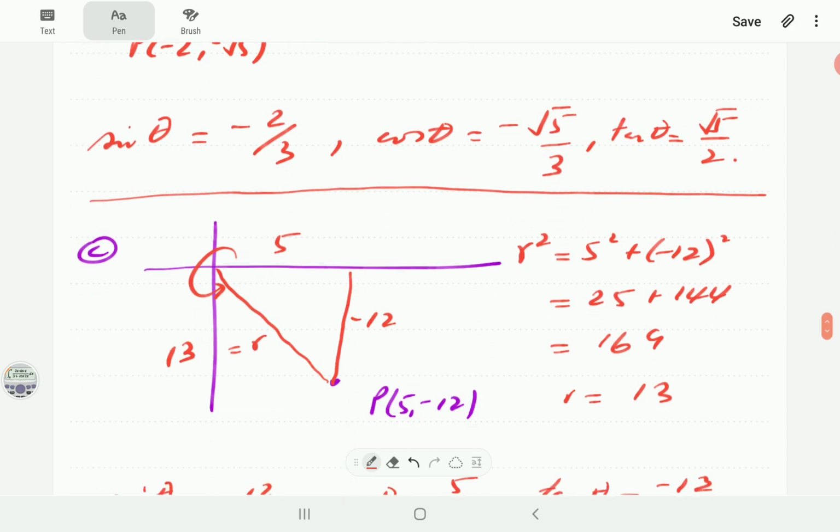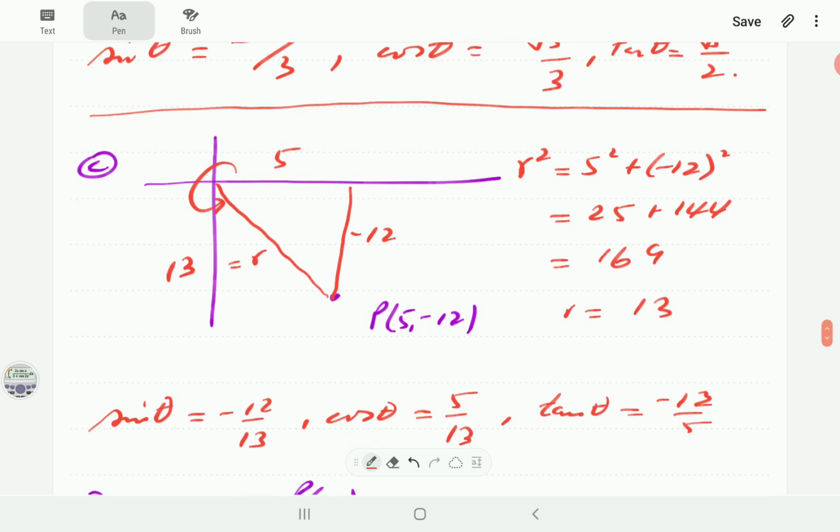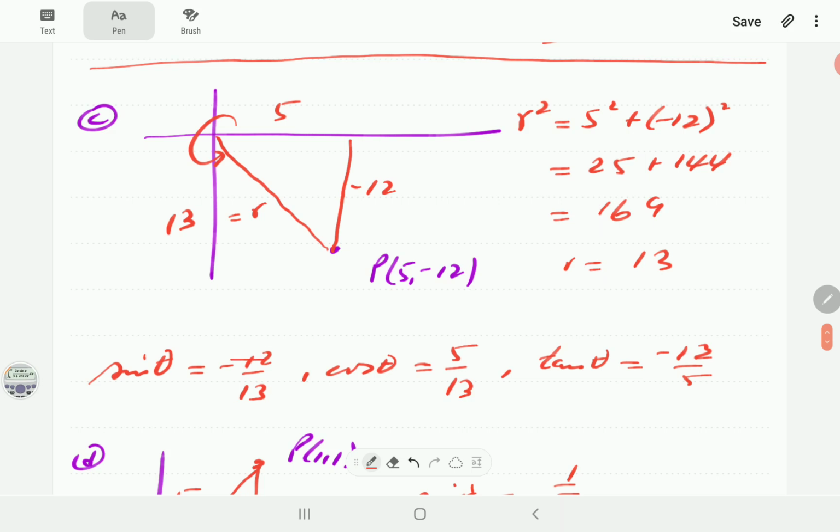So for C, 5, minus 12 is in quadrant 4, so the sketch is going to look something like this. Then Pythagoras shows that r is 13, so then sine theta is going to be minus 12 over 13.